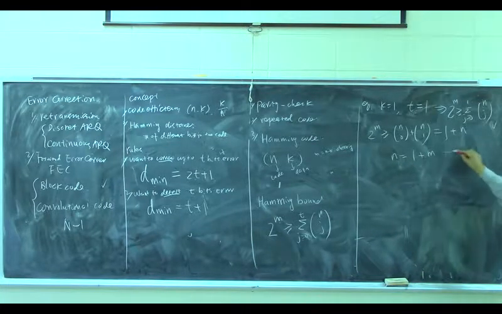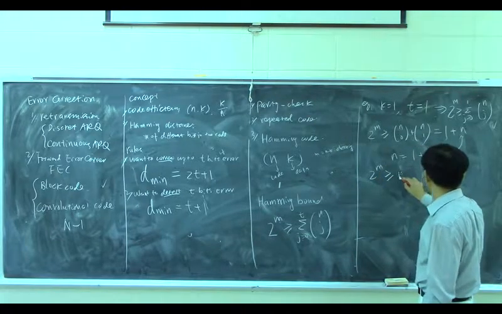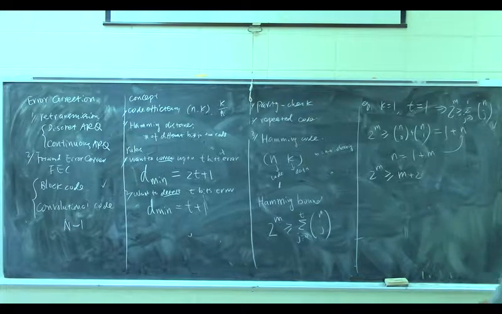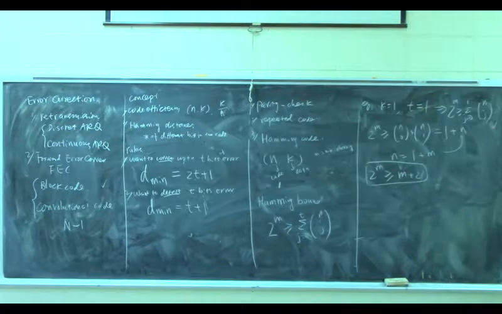Then we plug this in here. So 2 to the m must be greater than or equal to m plus 2. This inequality must be satisfied for this purpose. Does it make sense?